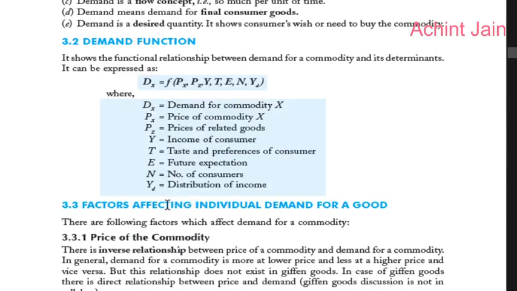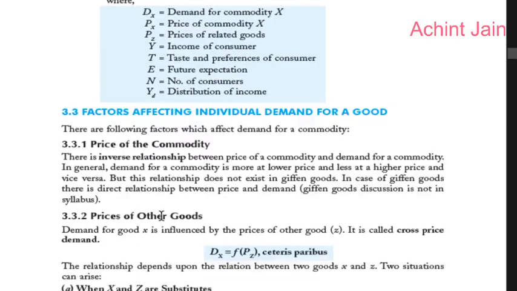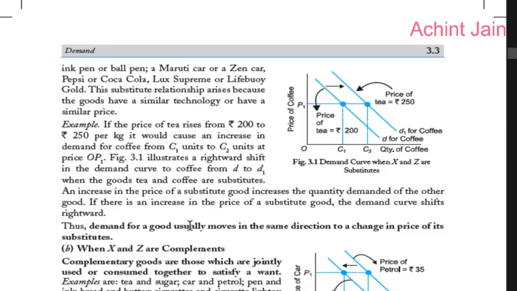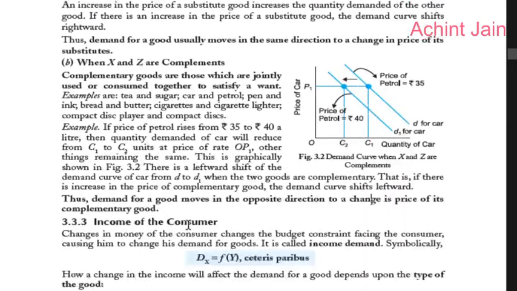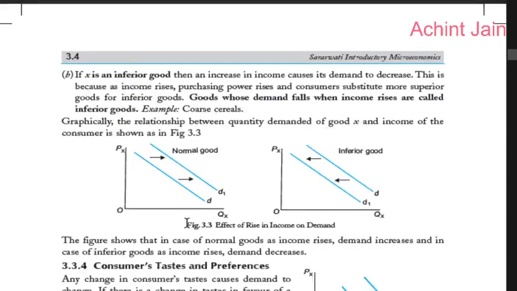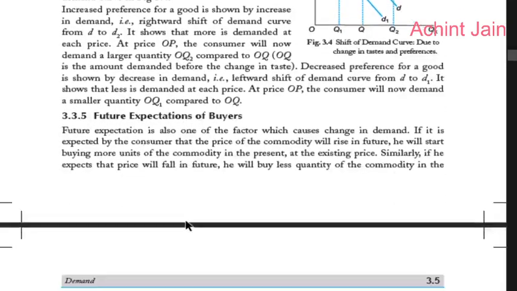Then the factors which affect the individual demand for a good: the price of a commodity, then the price of other goods, then ceteris paribus I told you, then I gave you the substitute goods definition, then the complementary goods definition, then the income of the consumer and its effect I told you, then consumer taste and preferences, then the future expectations of buyers.